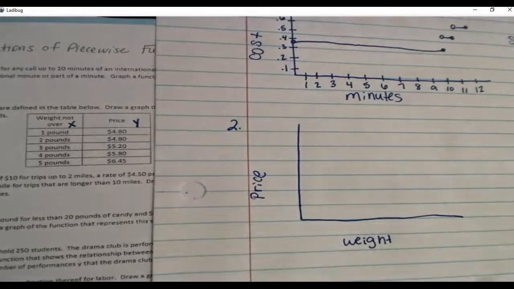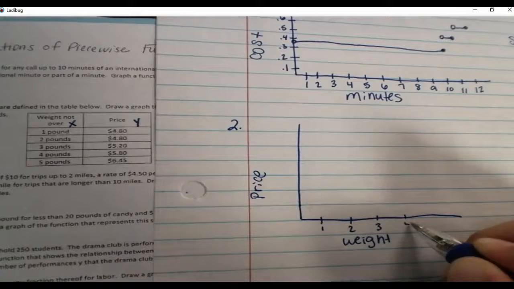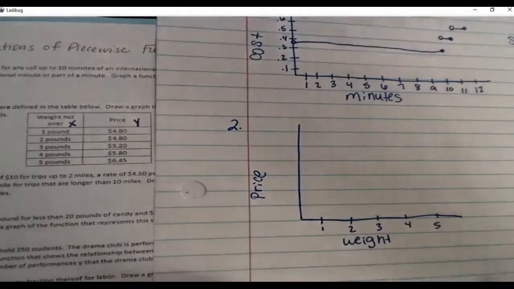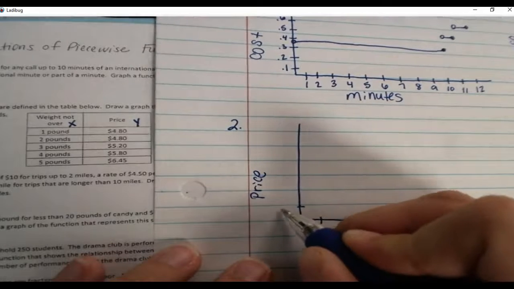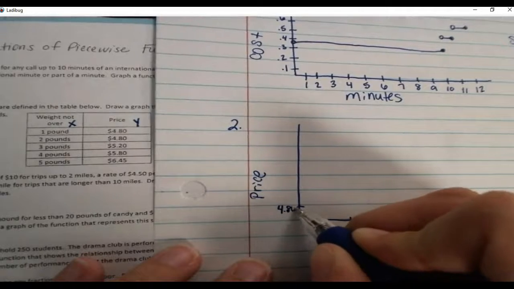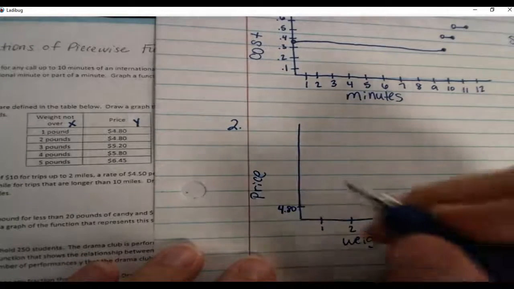The weight goes from 1 to 5 pounds, so we'll just go 1, 2, 3, 4, 5. And then the price goes from $4.80 to $6.45. So let's start at $4.80 and let's go up by 20 cents.